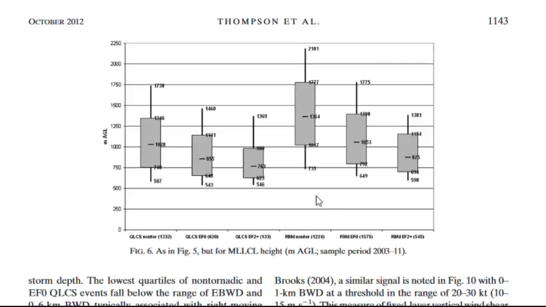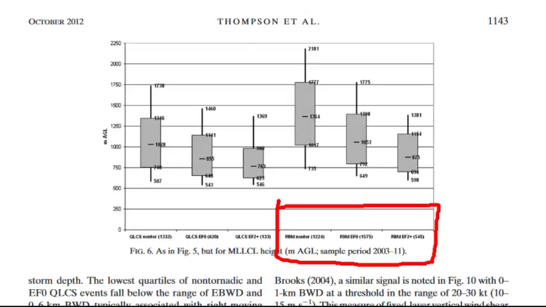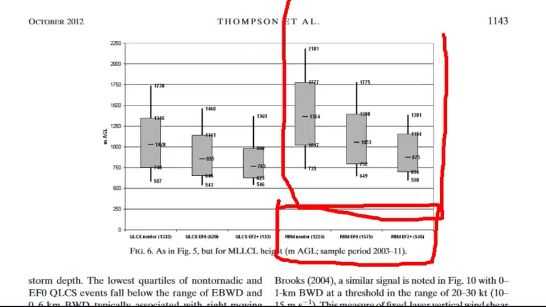This is a mixed layer LCL. And of course LCL is proportional to humidity. I should say inversely proportional. So the higher the humidity, the lower the LCL. And this has been found to be a pretty good predictor of significant tornadoes. And so for the discrete supercells, which is over here, we've got three classes of tornado activity.